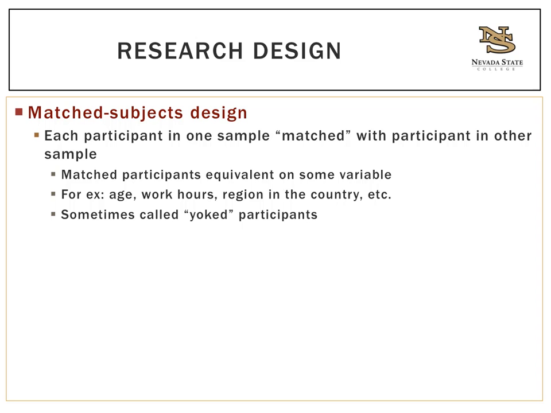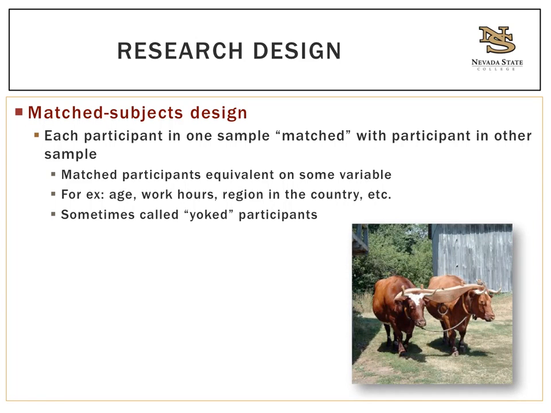And back in the day when I was learning about this design, they were called yoked participants, which I really like, because yoked, if any of you grew up on a farm or a ranch, you know what this means. This is when you basically pair 2 animals with this sort of contraption so that they can't go in different directions.